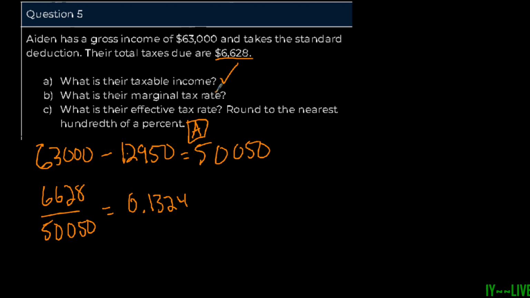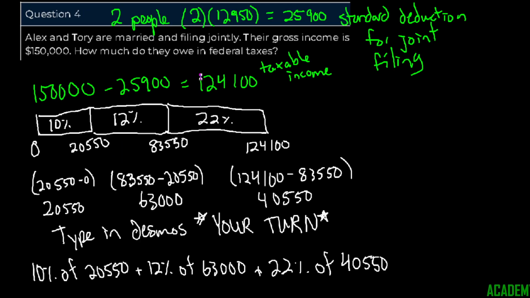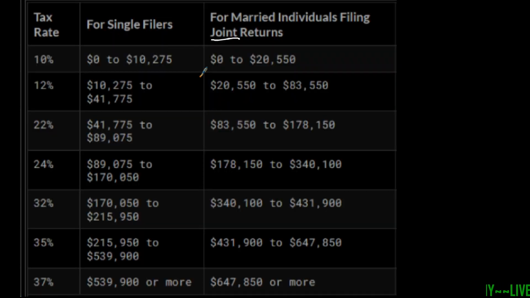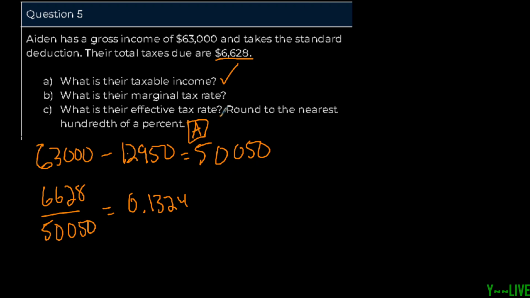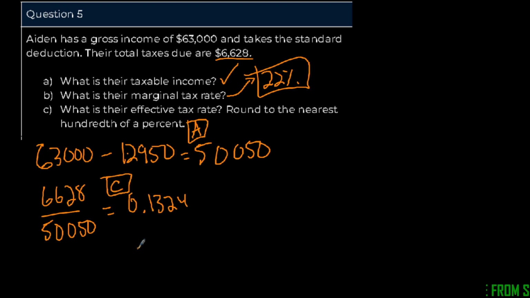If we looked at the bracket, 50,050 would be at 22%. So for part B, it goes into the 22% bracket. And part C is right here, so let's change it to a percent. This is going to be 13.24%.